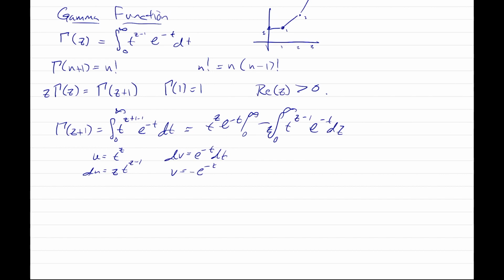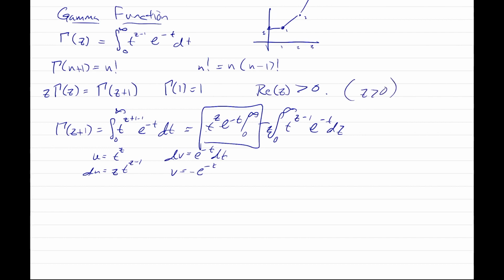Well, looking at this piece, remember this is really being taken as a limit, some capital N as N goes to infinity. At 0, t to the z is going to make it 0 because we're saying that the real part of z is bigger than 0, or if it's just real, then z is bigger than 0, right? And so this is going to be 0, and as we go to infinity, e to the minus t goes to 0.